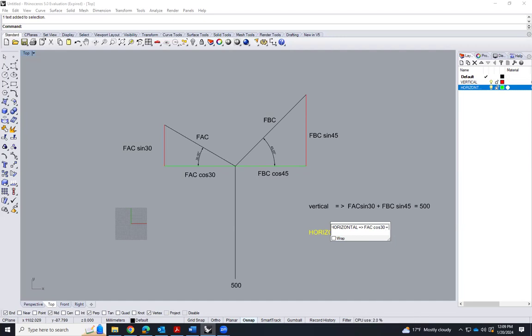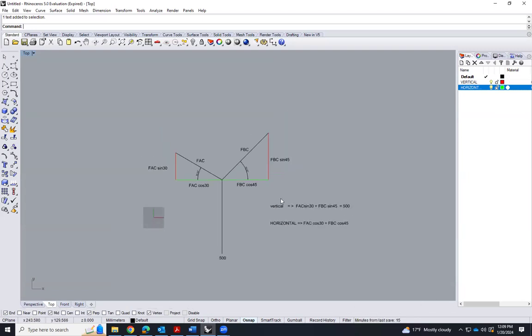It's in a different direction, so equals FBC cosine 45. There you go. So those are the equations. Now I'm going to replace the cosine and sine by their numbers to make it a little easier.